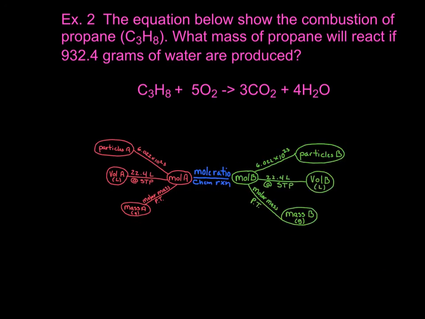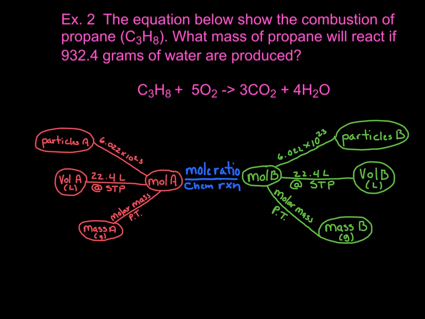So if we take a look at our stoichiometry map, we're given grams of water, and we need to get grams of propane, mass. So we need to go from grams of water to moles of water to moles of propane, and then moles of propane to grams of propane.